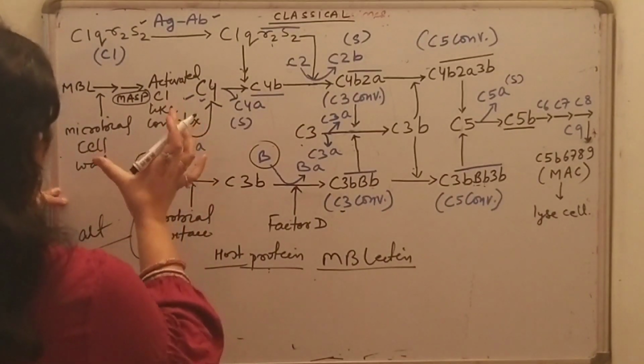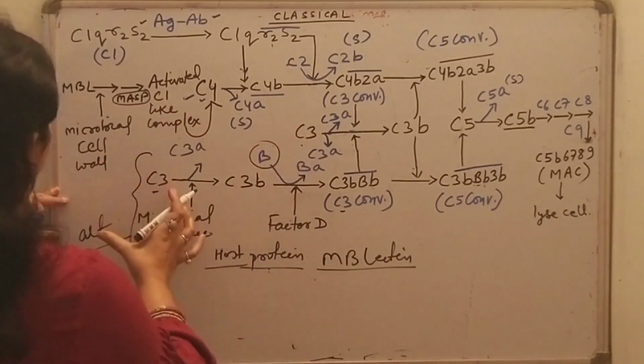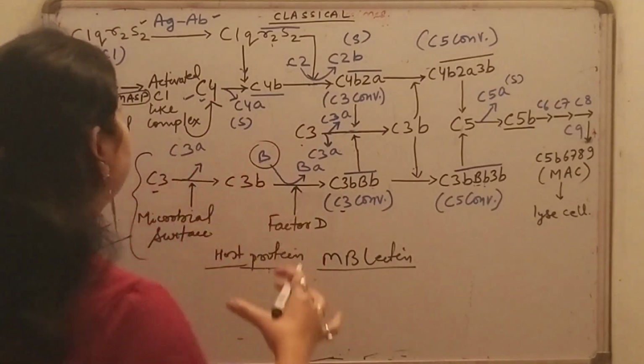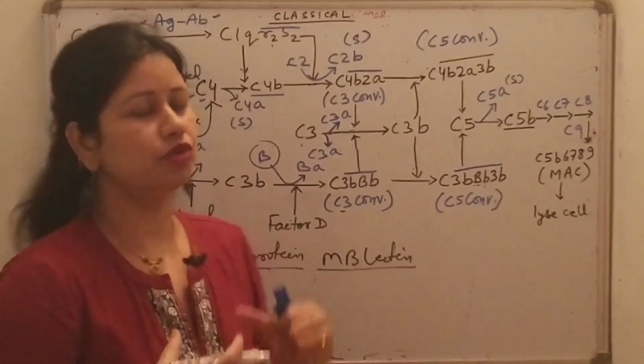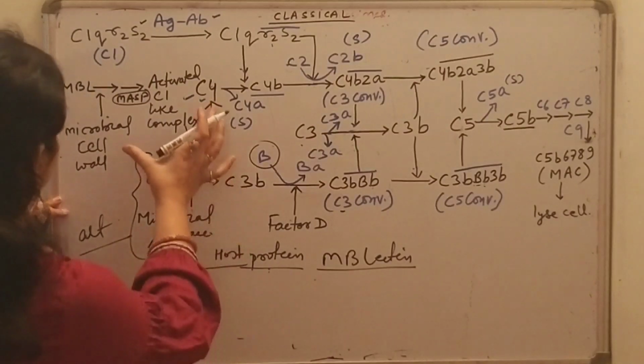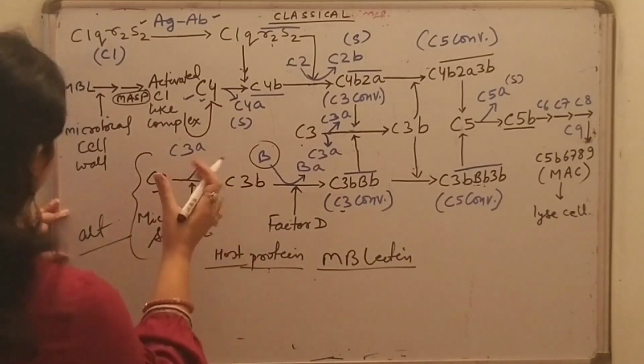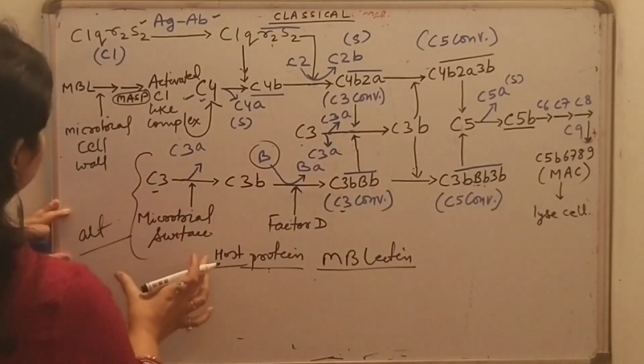Now, how is the lectin pathway activated? It is activated by the binding of MBL, mannose binding lectin, to mannose residues on the glycoproteins or carbohydrates.